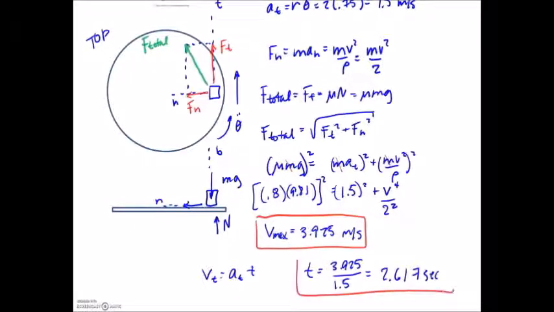And that's how long it takes for the box to begin to slide, and then these things don't apply anymore.